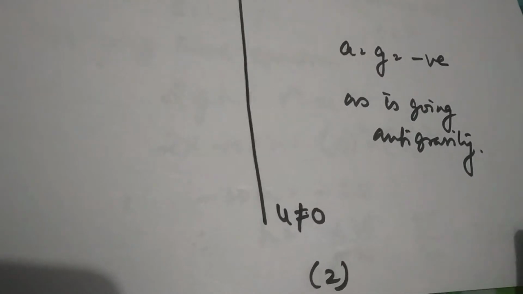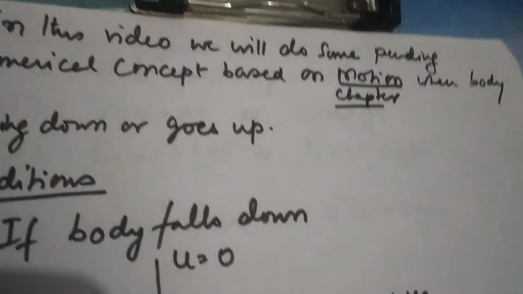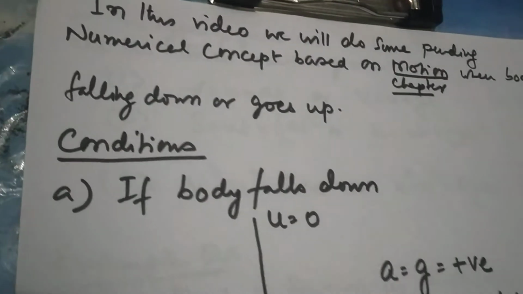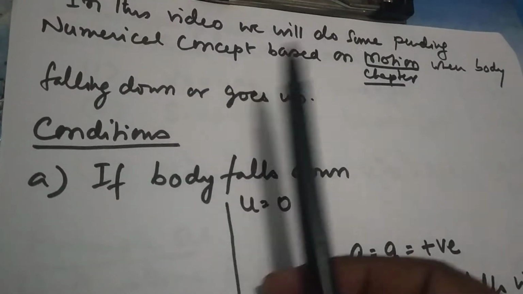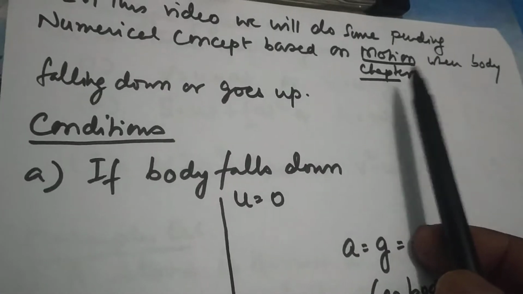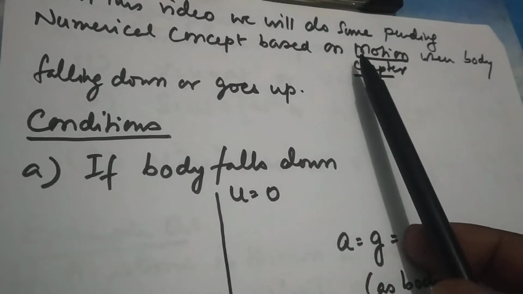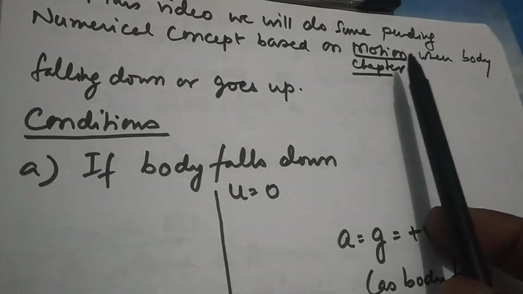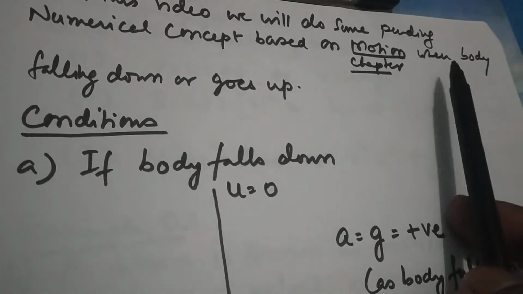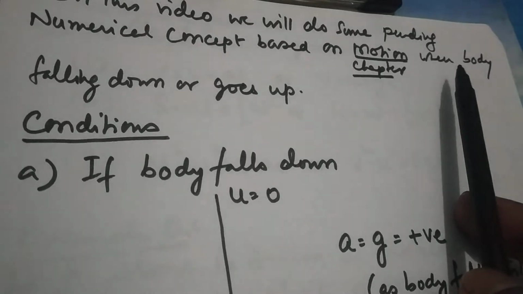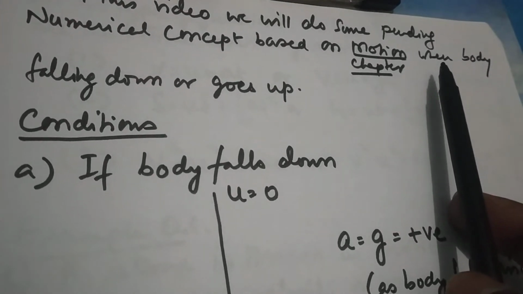Now we will proceed to some more numerical concepts based on the chapter Motion, where I told you some part was pending. So we are taking it in addition to this topic. Please follow them very clearly.